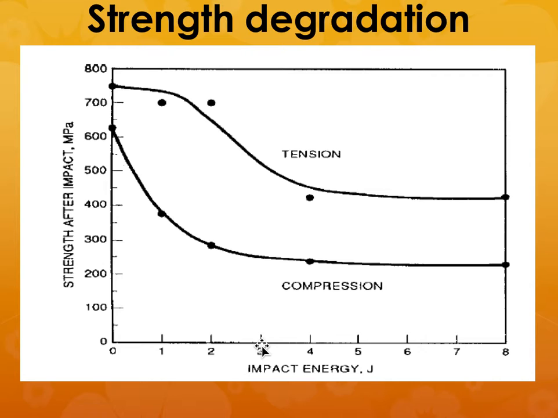If you drop a hammer on a composite structure, it can create delaminations, and it drastically reduces the tensile properties, from 750 to approximately 450. That is approximately 30 to 40% reduction in properties. Compressive properties also drastically reduce from approximately 600 to less than 300. So again, 50%. It does not take a whole lot of impact energy to create that degradation in properties.